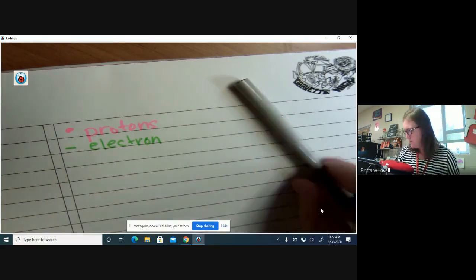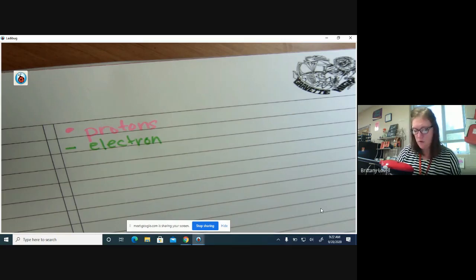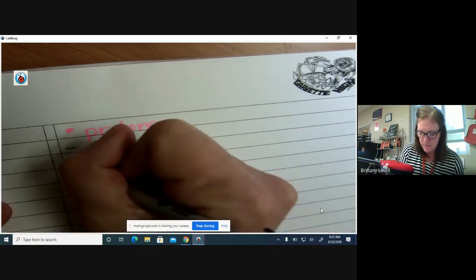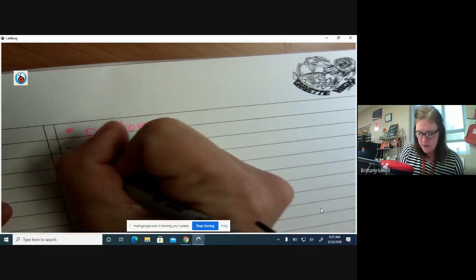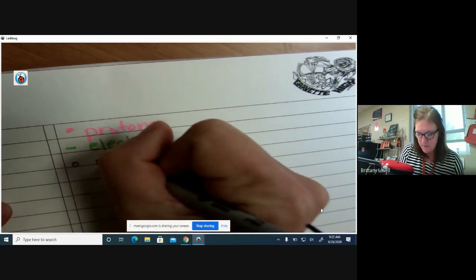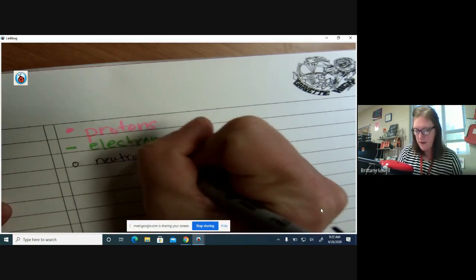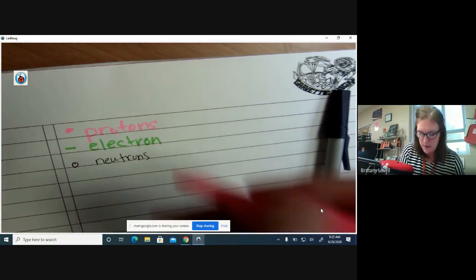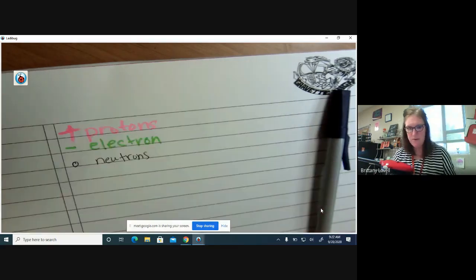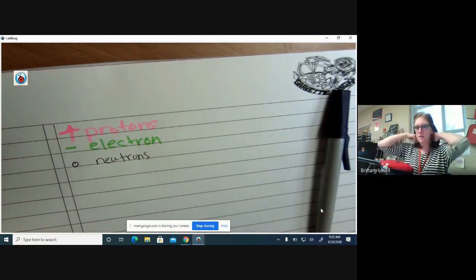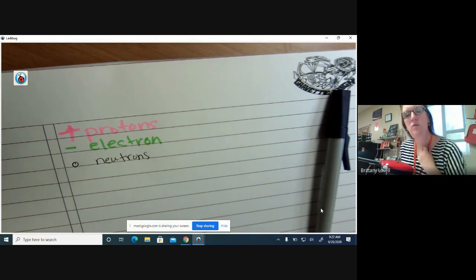And have one of your colors be neutrons. Neutrons is just 0. Let's do protons positive. Anyways, protons positive, electrons negative, neutrons are neutral, no charge.